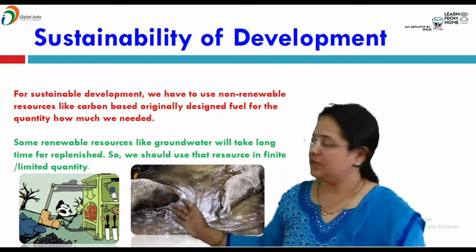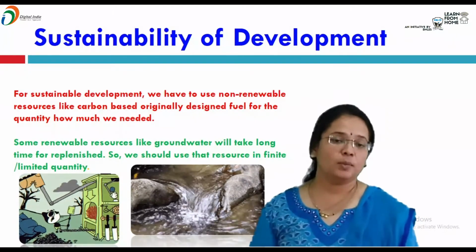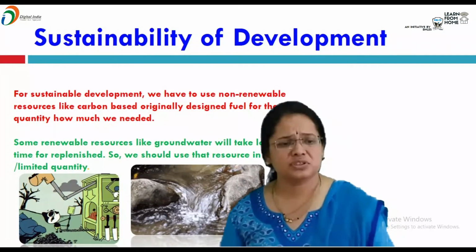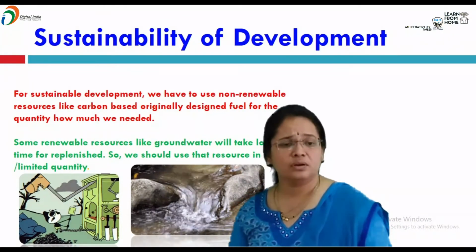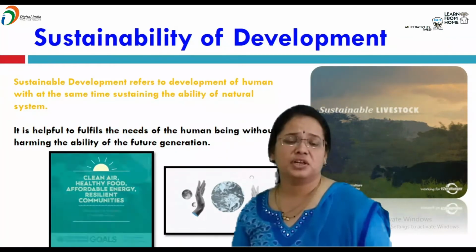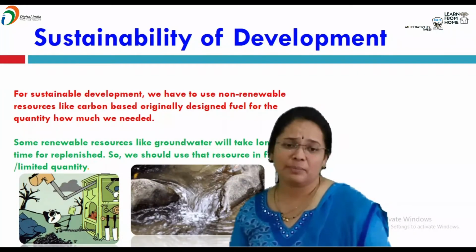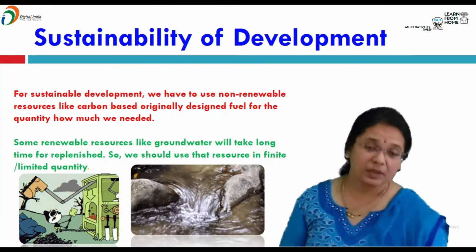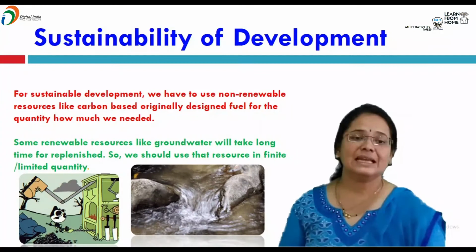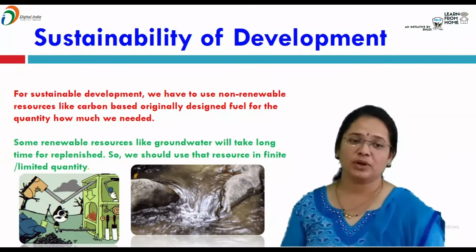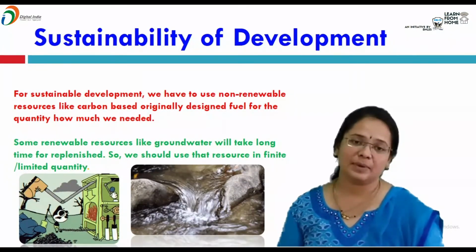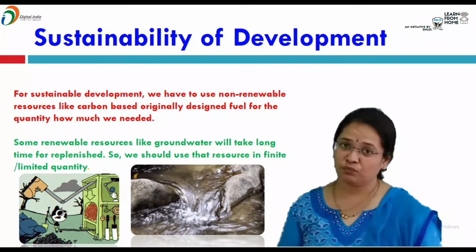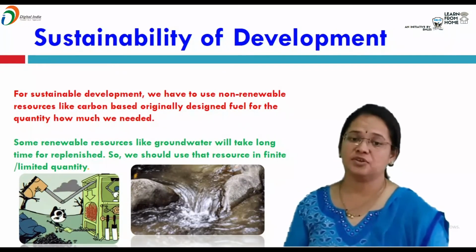Another example is water. It is a renewable resource, but some renewable resources like groundwater we should also use in a limited manner so that there is preservation. Okay, so this is about sustainability. The first point is what exactly sustainable development is, and the second is preservation of natural resources.